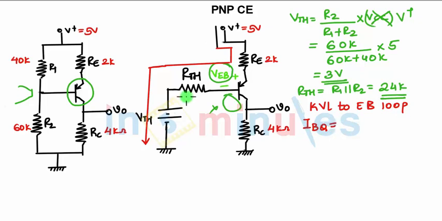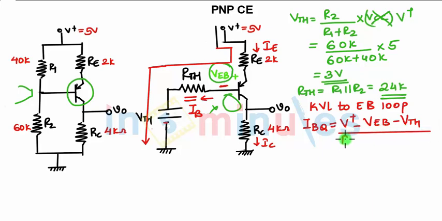Current flowing through RTH is IBQ, current flowing through RE is IE, and current flowing through RC is IC. Current flowing here is IBC. The direction has now changed. So IBQ I can write as V plus, total voltages you have V plus, VEB and VTH. So V plus, we are leaving with negative sign with respect to VEB, so minus VEB. We are leaving with negative sign with respect to VTH, so minus VTH, the whole divided by RTH.